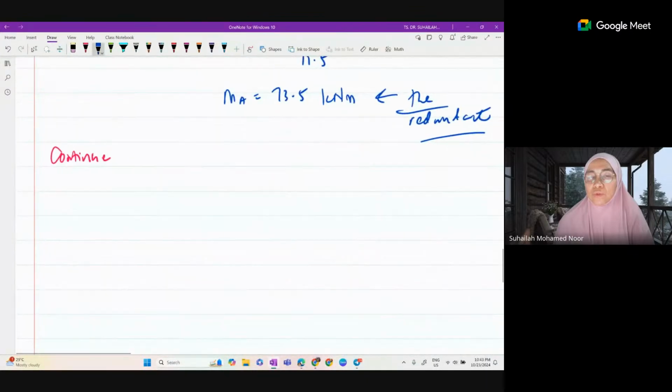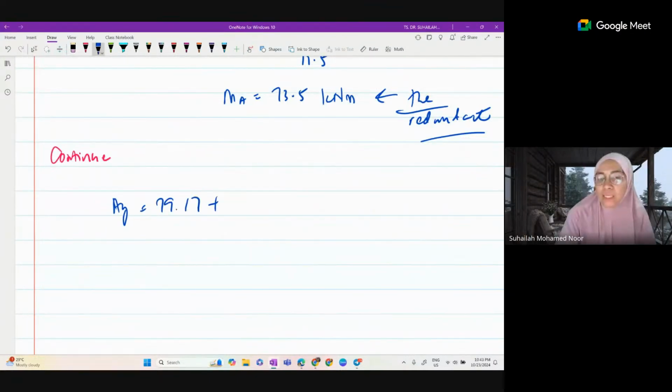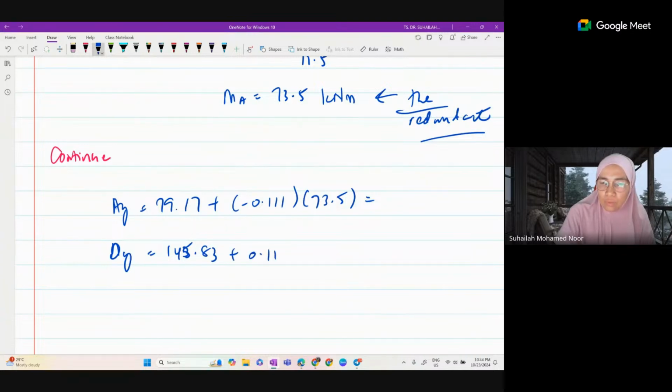Okay, so finally we have AY, 79.17 plus tadi negatif 0.111 kali dengan MA 73.5, so we get AY, and then AX 0 of course. DY is 145.83 plus 0.111 kali dengan 73.5.